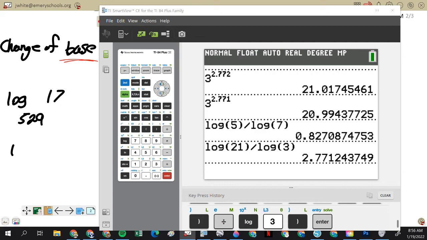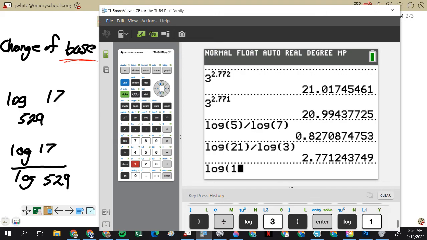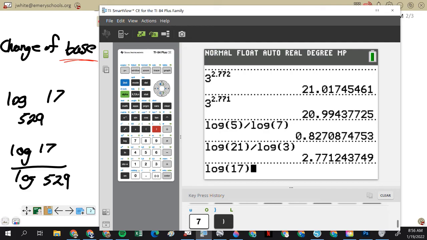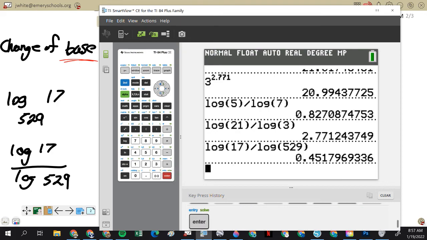So I would do log base 10 of 17 divided by log base 10 of 529. And it turns out all you need is one chapter. If you have chapter 10, that's all you need. Everything else can be computed using chapter 10. So I would go to chapter 10 and I would do the log of 17. And then I would go to chapter 10 and do the log of 529 and divide those two, and I get the answer as 0.45.